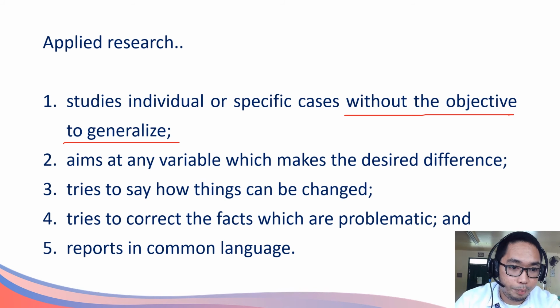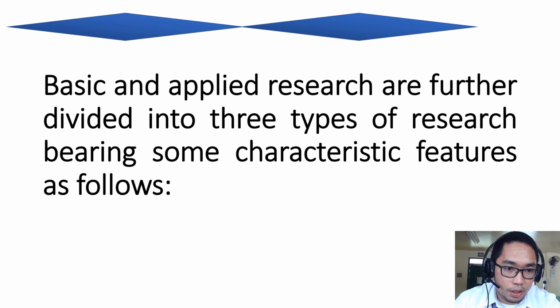Third, applied research tries to say how things can be changed. Fourth, applied research tries to correct the facts which are problematic. And applied research reports in common language. So that's it for applied research.